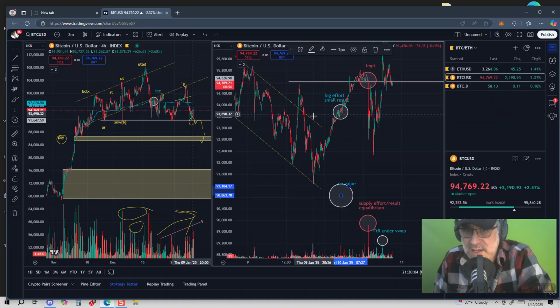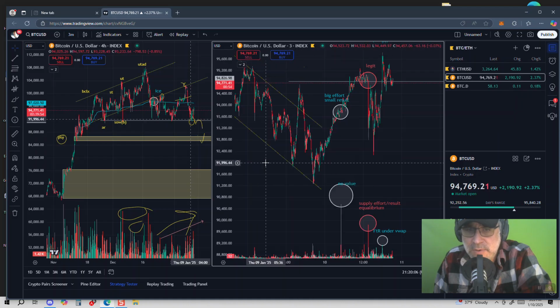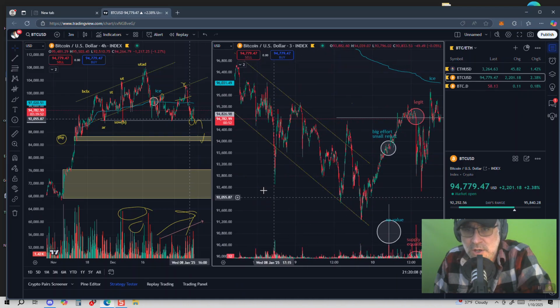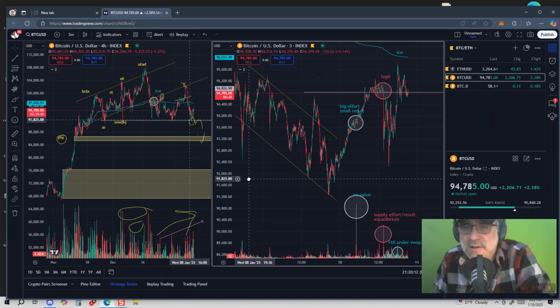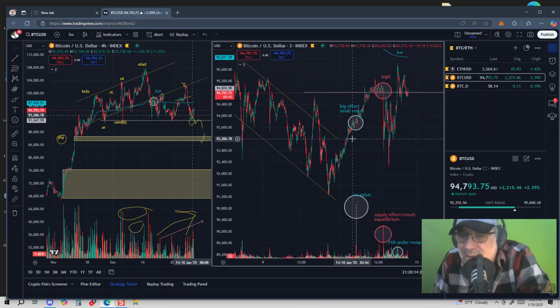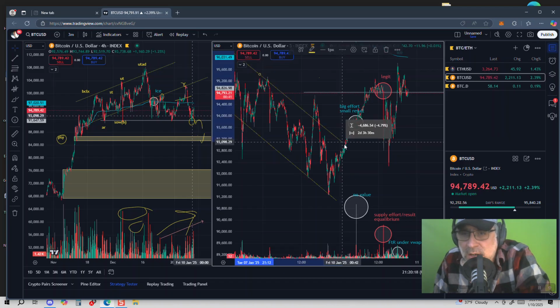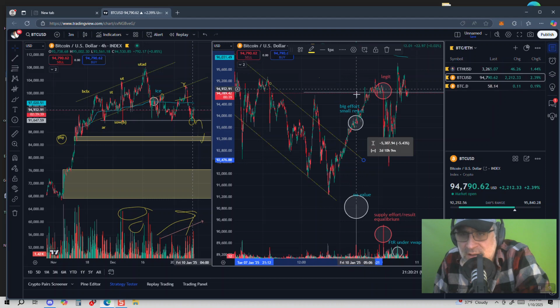So here we see it broke out of this descending channel that we were in. See this long channel, which brought us down to here, and then we can see what it's doing. We had this rally where it broke, had a change of character, it broke out of the structure, and then right away we see this very large predominating demand spike.